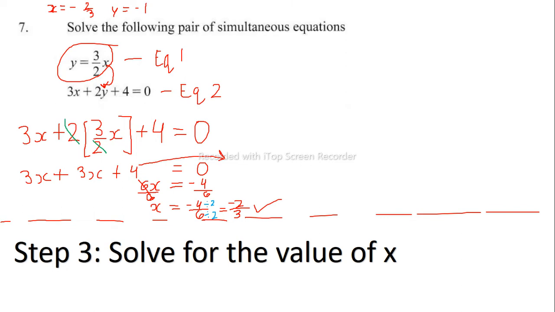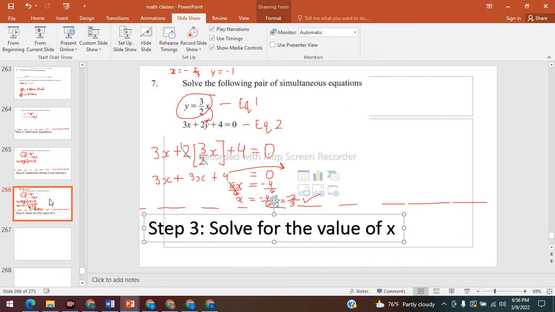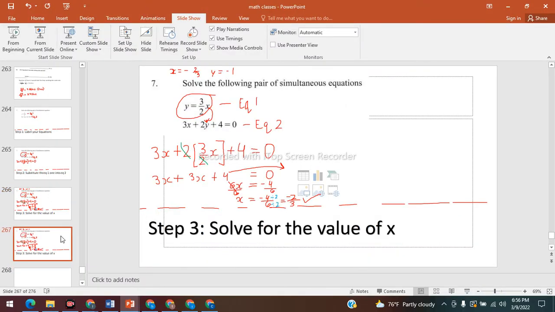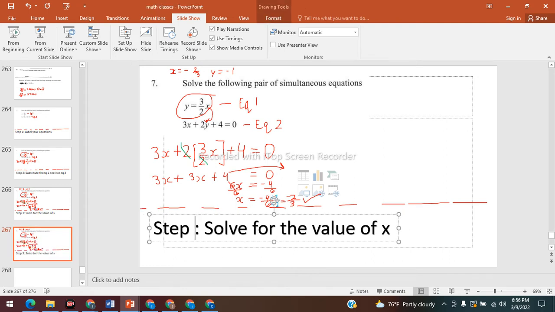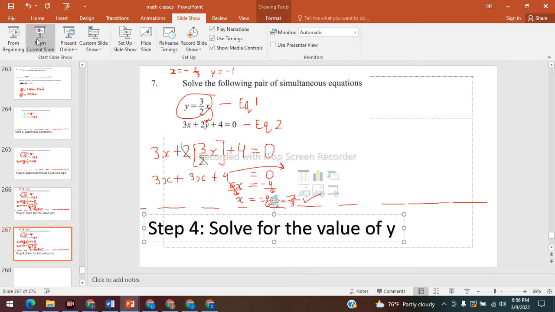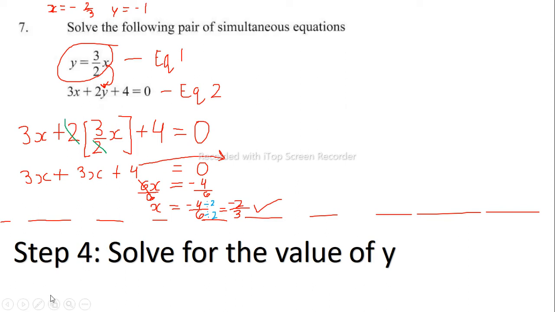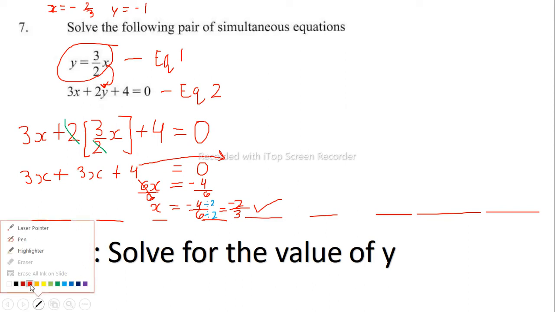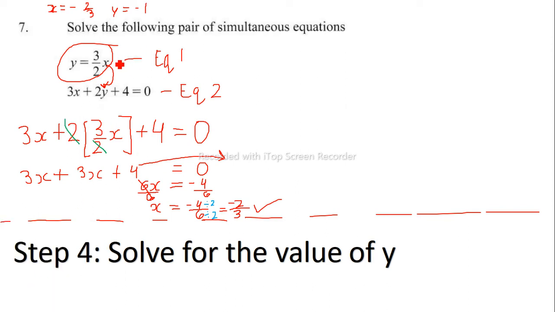All right, now the final step, step number 4. We're going to solve for the value of y. Seeing that we already have the value of x, we're going to take the value of x and substitute it into our equation 1. So let me put this in blue so we wouldn't get mistaken.